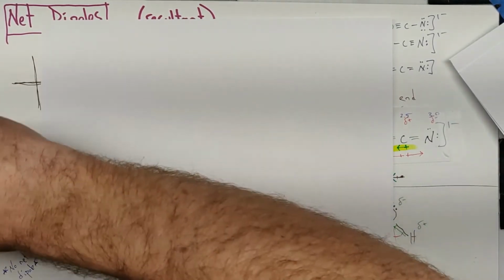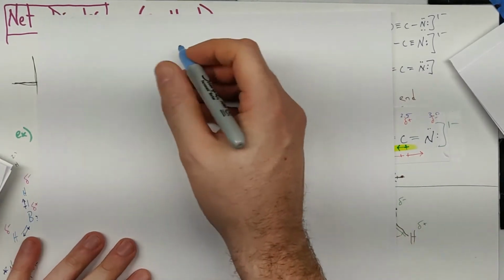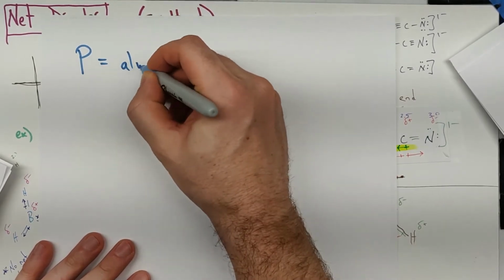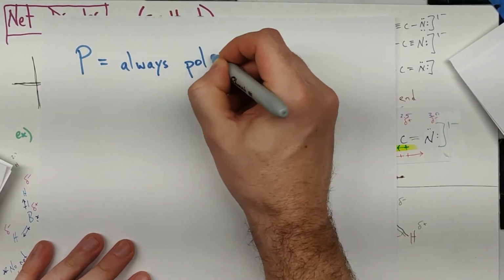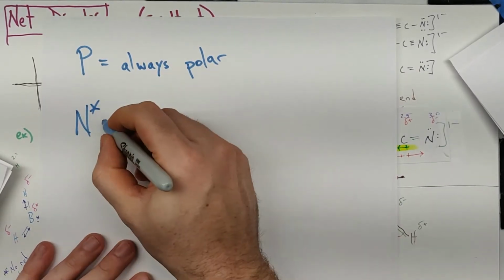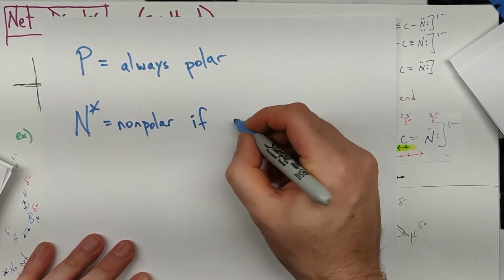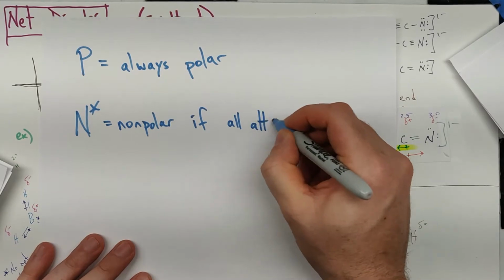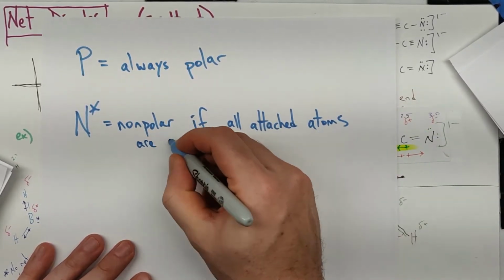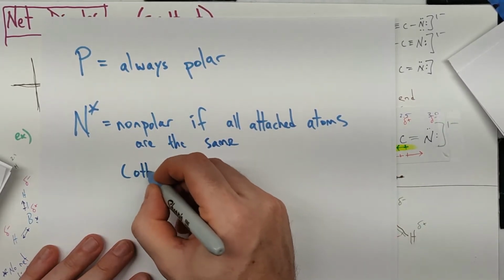Nonpolar, if all attached atoms are the same, and always polar. So we've got 2 categories here, and I'm just going to declare that one is P, and that's always polar. And then we'll have N with a little star or an asterisk by it, and that's going to be nonpolar if all attached atoms are the same, with the fine print of otherwise polar.